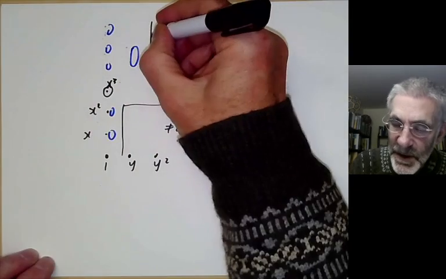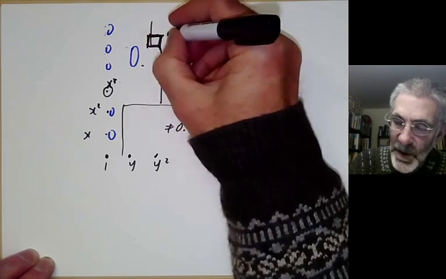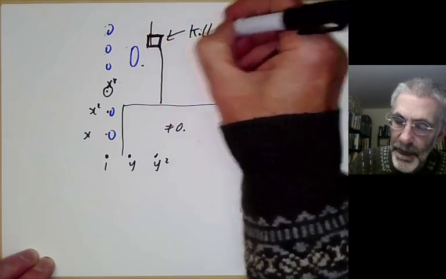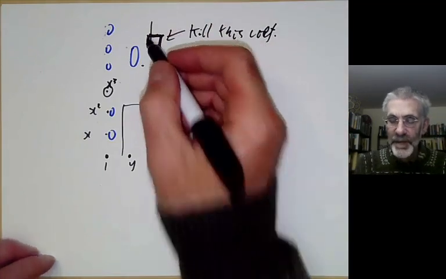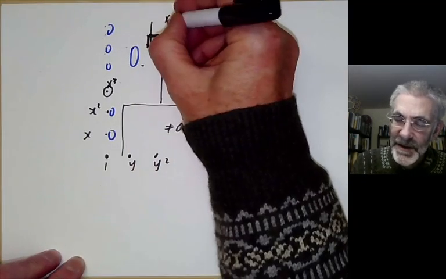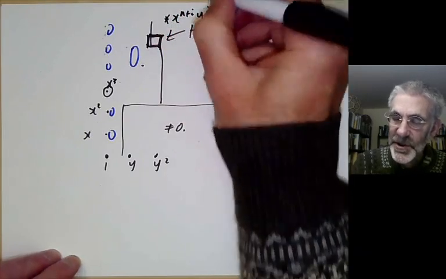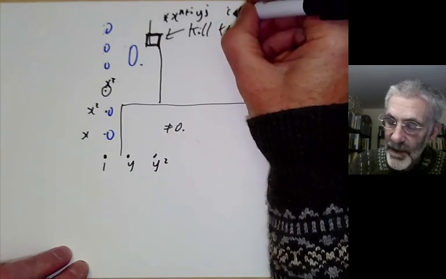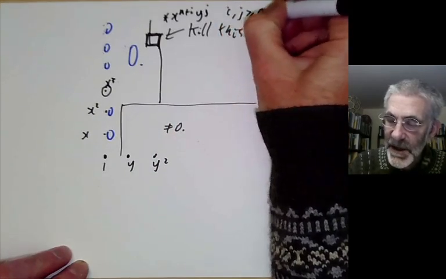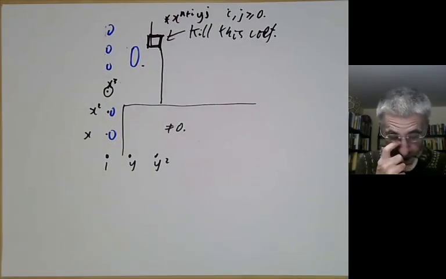And we need to work on this coefficient here. So let me put it in a big box. We want to kill off this coefficient. And it's going to be something times x to the n plus i times y to the j, for some i and j, where i and j are greater than or equal to 0, and at least one of them is positive. And we can kill this coefficient.